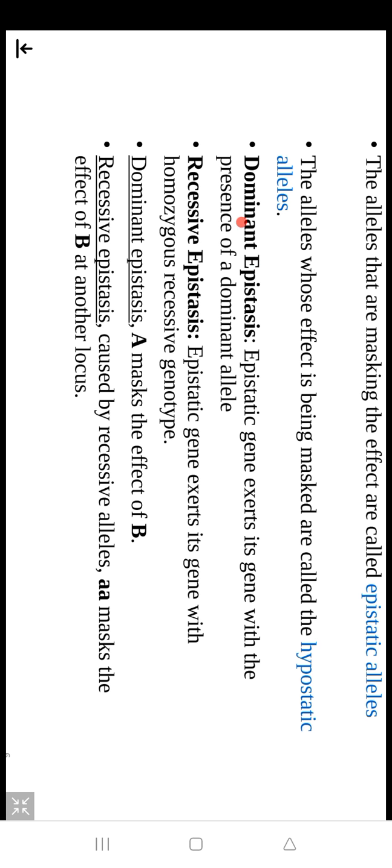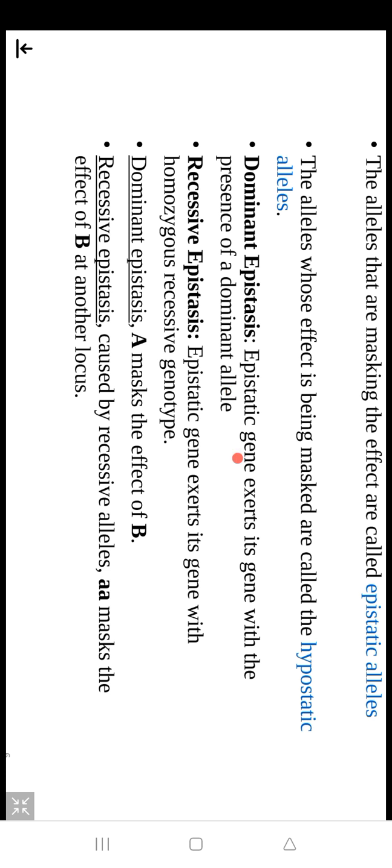Then you can have dominant epistasis, whereby the epistatic gene will exert its effect with the presence of a dominant allele. Like in the case we've shown you, it's when we have the dominant B that the coat color will be deposited, or when we have the dominant C, maybe the horse will be brown.